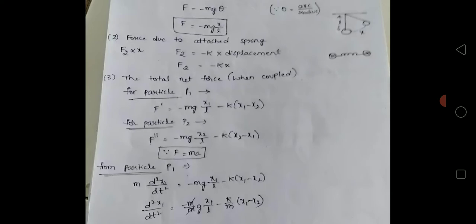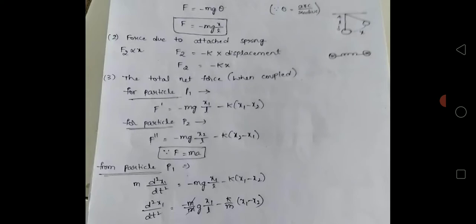In the first point we took only one pendulum, that's why I wrote x only. Here we are taking two pendulums in this third force, that's why I am writing x1 and x2, two displacements. Here mg is weight, x1 is a displacement, L is length, k is the spring constant, x1 and x2 are displacements.